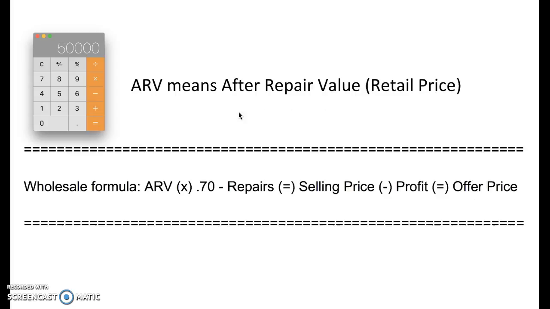Whenever you're talking to a seller, you always want them to give you a number first. But by doing this formula, you know your numbers and you know where you need to be. So once they give you a number, you know whether it's a deal or not. If they come back and say, the most I can sell this property for is 55,000, you know this is a deal.